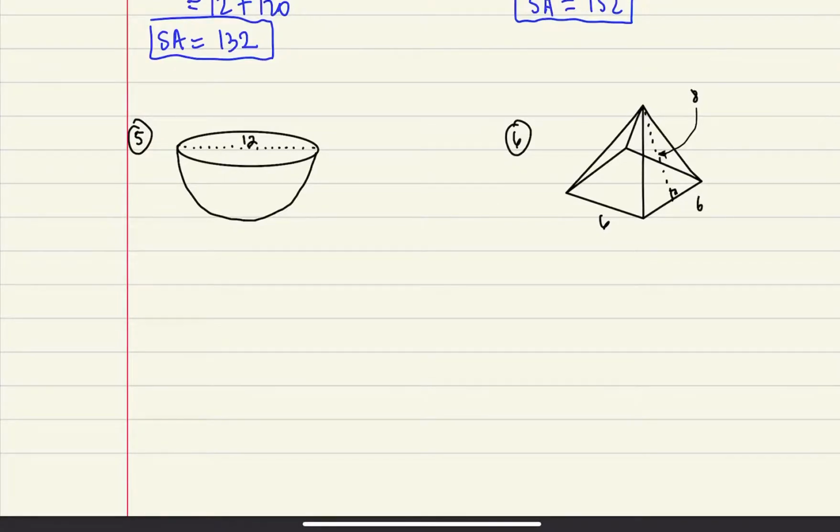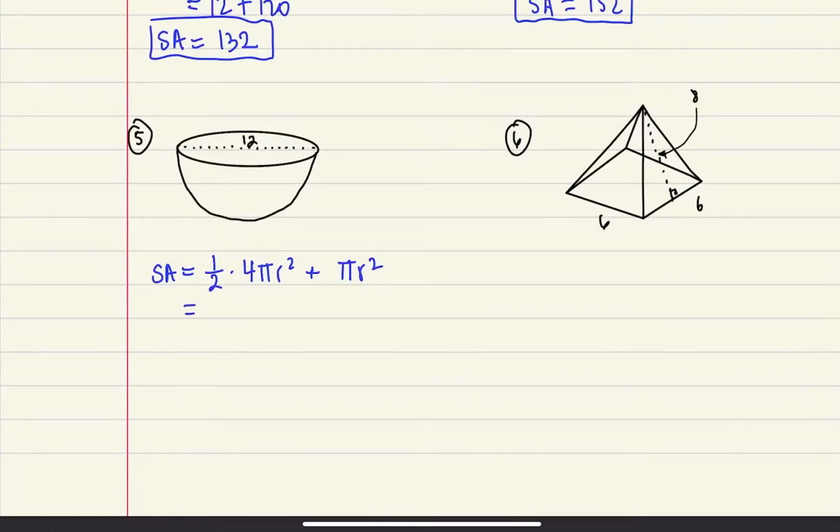Okay. Our fifth shape is half of a sphere. Okay. So a hemisphere. We would find half of the surface area of the sphere, but we also have to add this circle right here because that is the base for this shape. So the surface area here is going to be 1/2 of the sphere, which is 4 pi r squared, plus the area of that circle, which is going to be pi r squared.